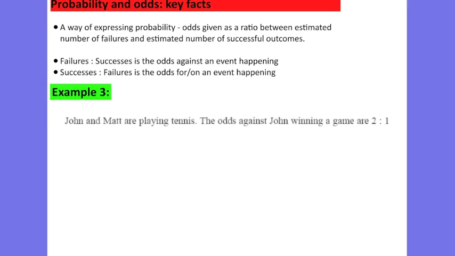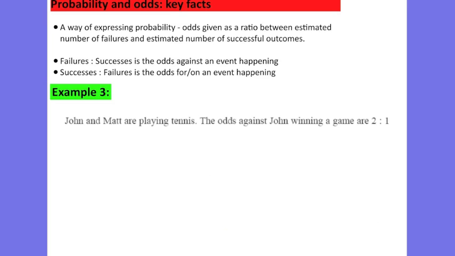Probability and odds. Odds are a way of expressing probability. Odds are given as a ratio between the estimated number of failures and the estimated number of successful outcomes. So this probability will be expressed as a ratio.